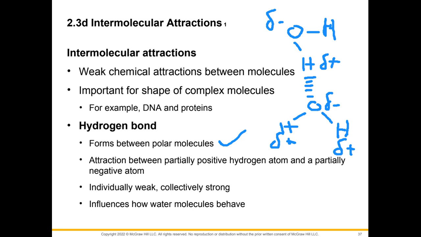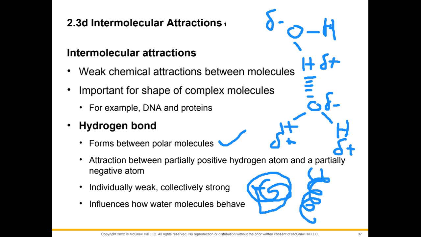This hydrogen bonding is very important because it allows proteins to fold into three-dimensional structure, right? So proteins are made of amino acids, so it could be a three-dimensional structure like this because of hydrogen bonding. DNA is oftentimes considered as the double helix like this, and its double helix is because there's hydrogen bonding between the bases.